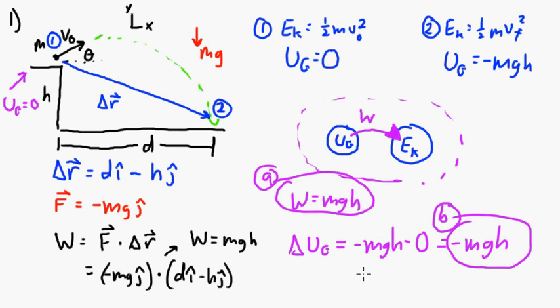Another way to say it, this change in potential energy: well, the work done here was mgh, which means mgh energy got taken out of gravitational potential to go into kinetic. So the change in gravitational potential energy was the negative of the work that it did. Put another way, gravity does work, which means gravity is spending its energy.